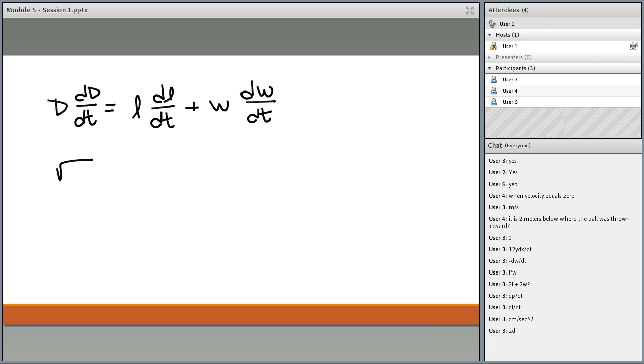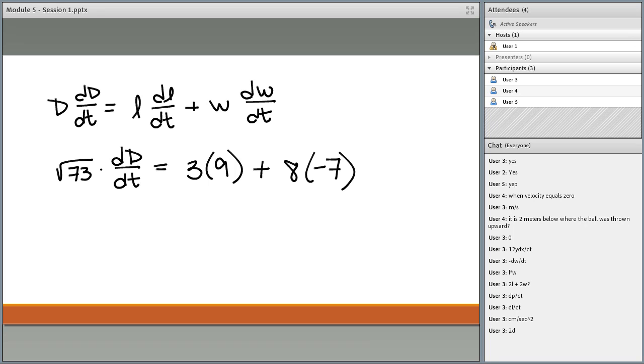So we know that the value of the diagonal is the square root of 73. dD/dt we're trying to find. I know L is 3. I know dL/dt is 9. I know W is 8. And dW/dt is negative 7.